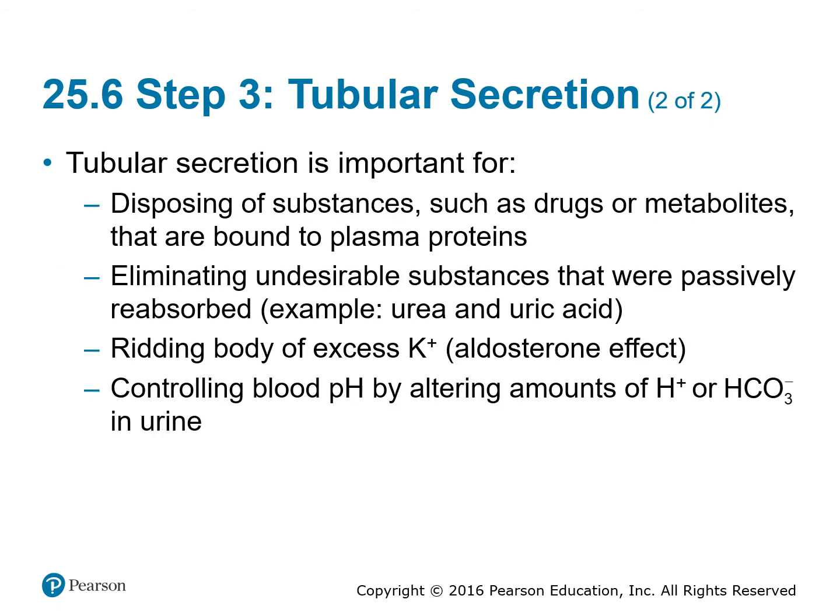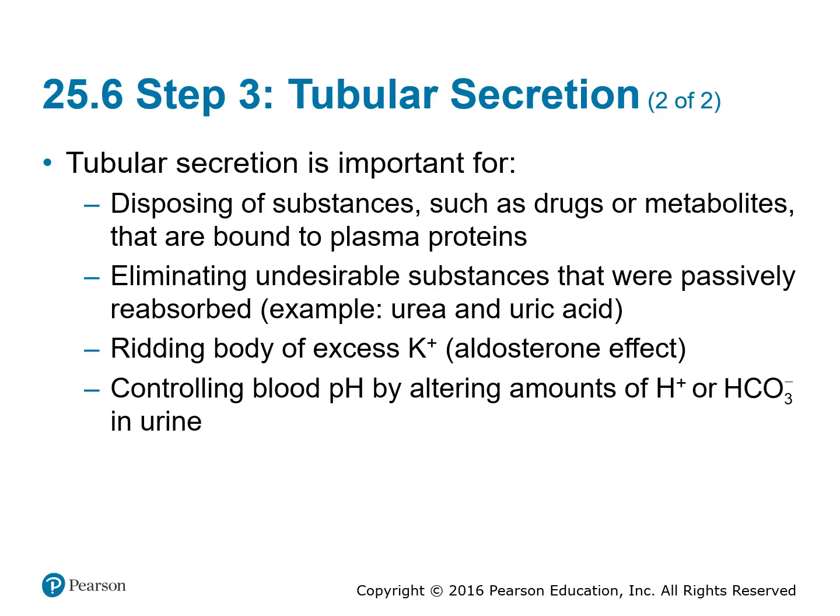Tubular secretion is important for disposing of substances like drugs and metabolites that are bound to plasma proteins. So when someone has low plasma proteins, we might see problems with drug metabolism and other metabolites. It also eliminates undesirable substances that were passively absorbed, so think urea. The other kidney test that we're looking at is blood urea nitrogen.